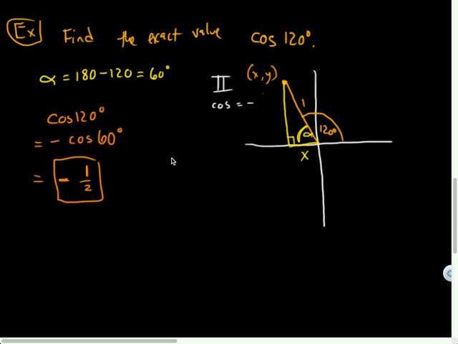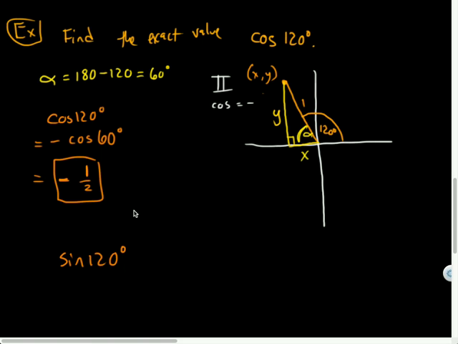Now, follow-up question: what is sine of 120 going to equal? Let's consider. Sine is the ratio of what to what? Opposite over hypotenuse, and from this angle's perspective, the opposite would be the y value. And is y positive or negative in this quadrant?